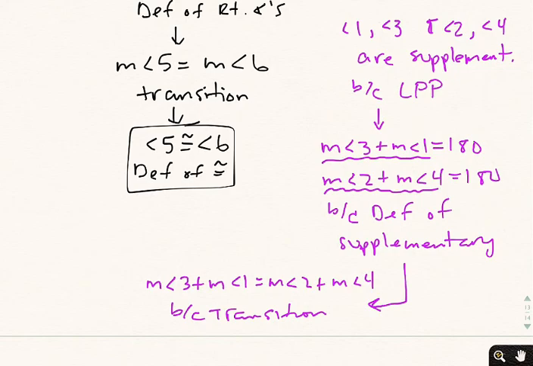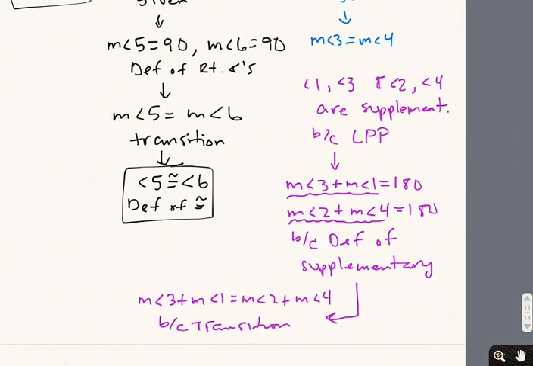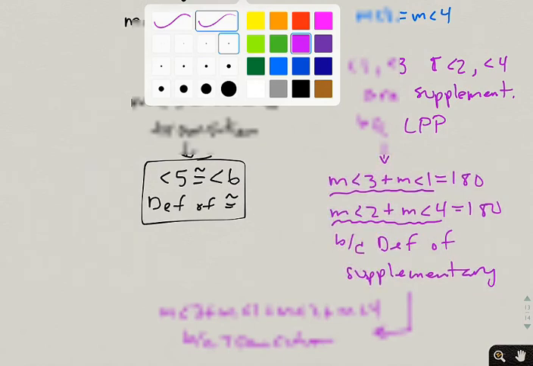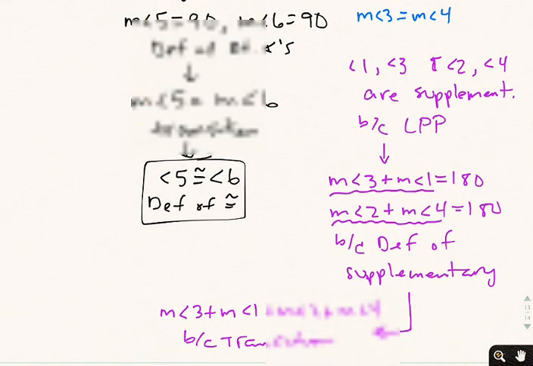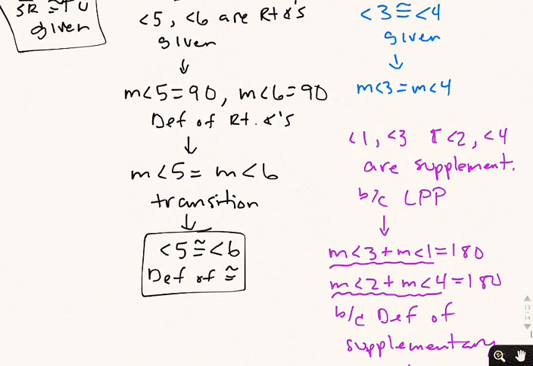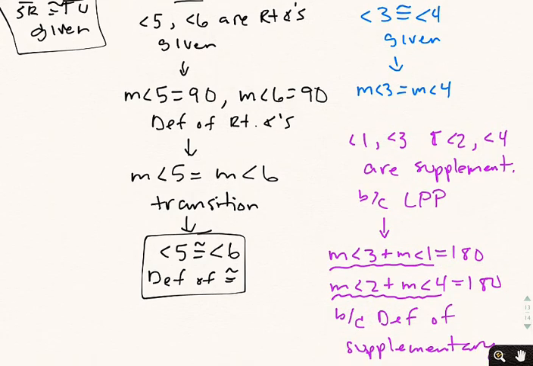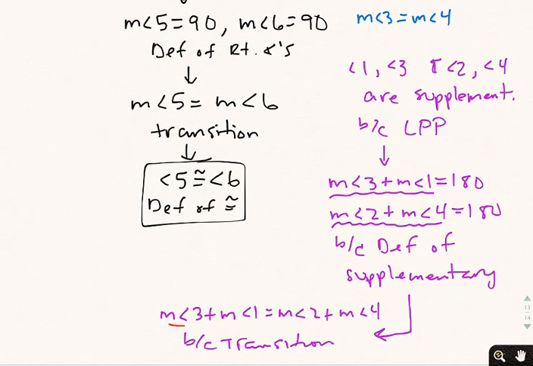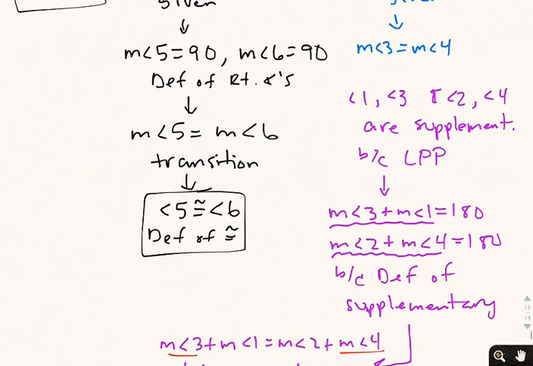So let's go back and review this little blue piece that I said initially, but then kind of went away from. 3 and 4 are given to be congruent, therefore they're equal. But look, now I have 3 and 4 right here, which means they're going to be a little bit interchangeable.